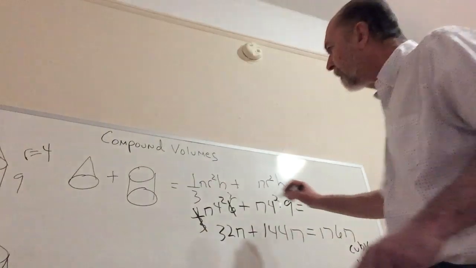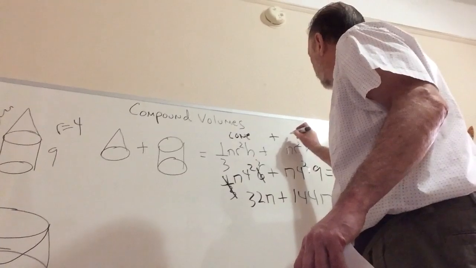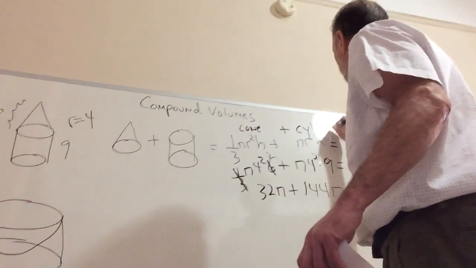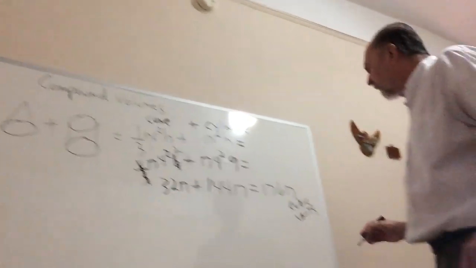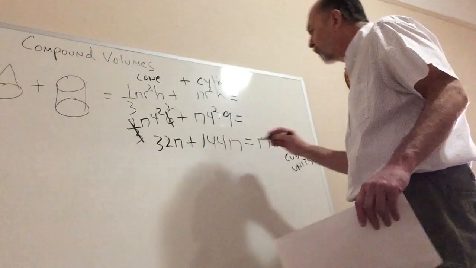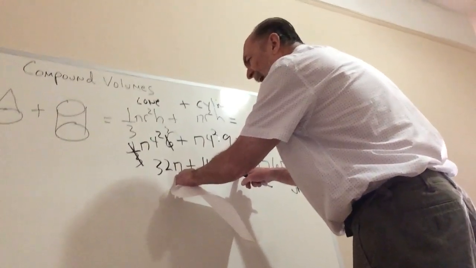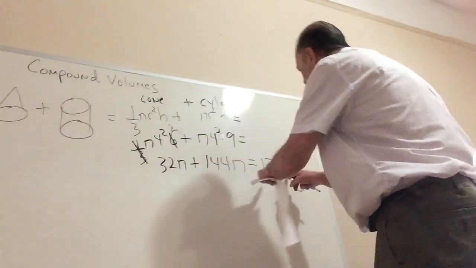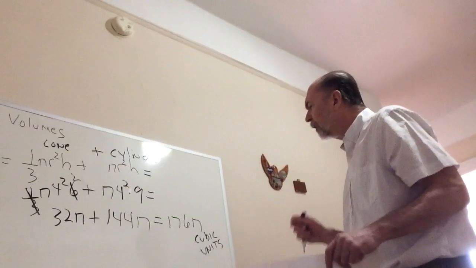And you can see how I did this again. It was the cone shape plus the cylinder shape, okay? And I put them together. The numbers were nice. We put everything together. Notice pi plus pi is 2 pi. So pi is just like x, like terms, and the answer turned out to be 176 pi cubic units.